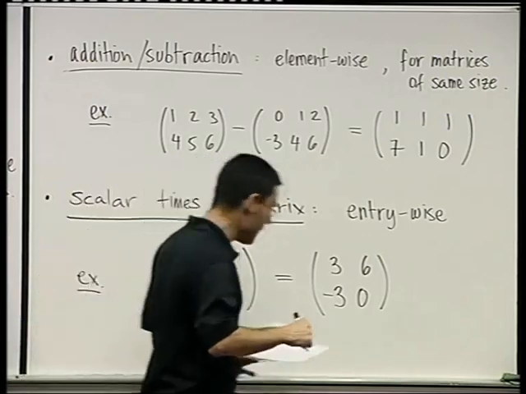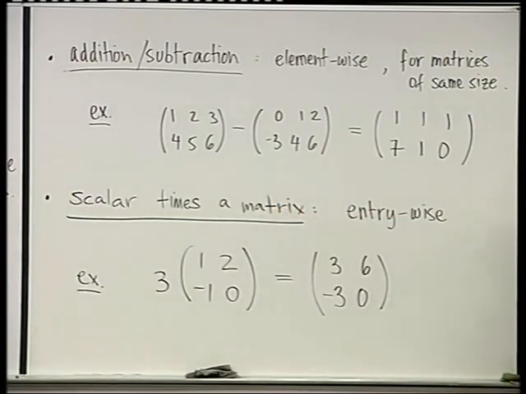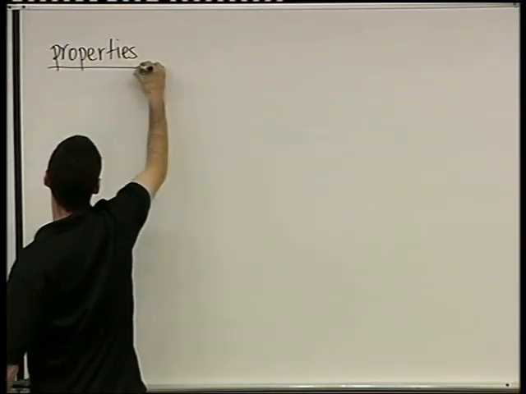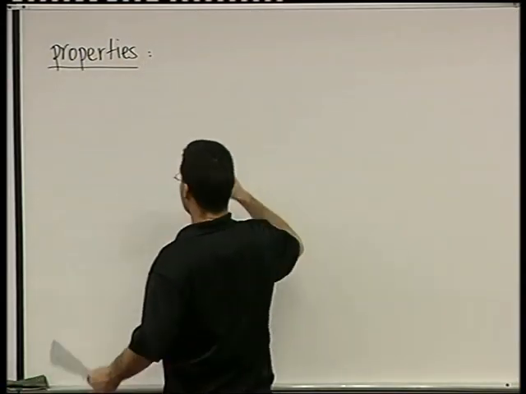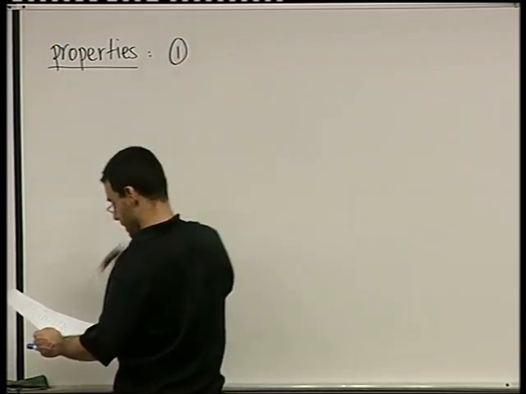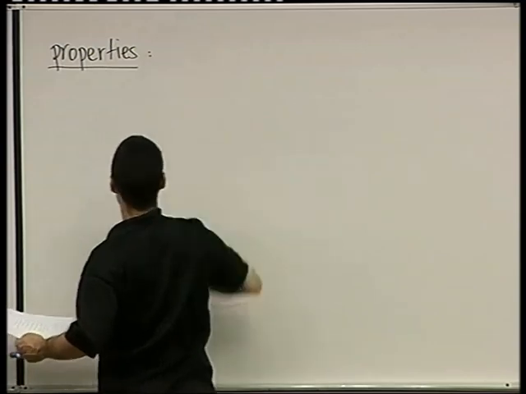Properties. A big, long list of properties of addition and scalar multiplication. So property number 1, maybe I'll list them over here.